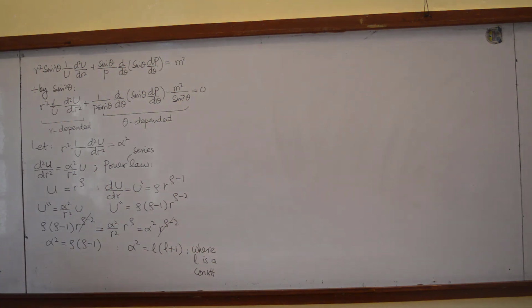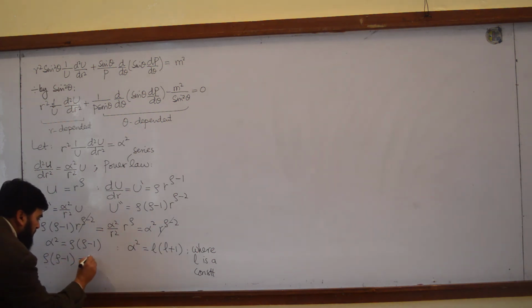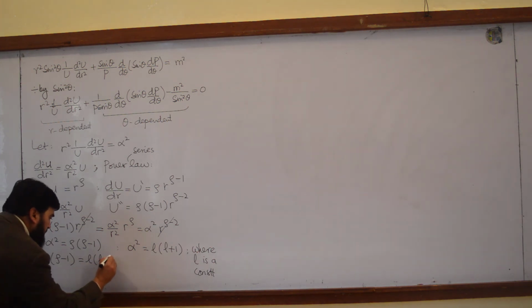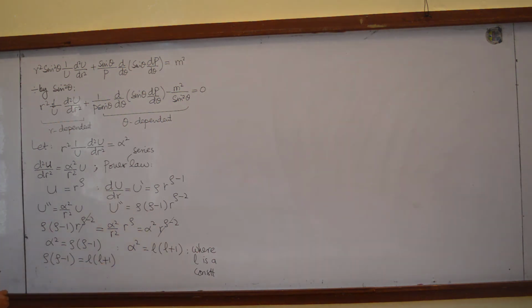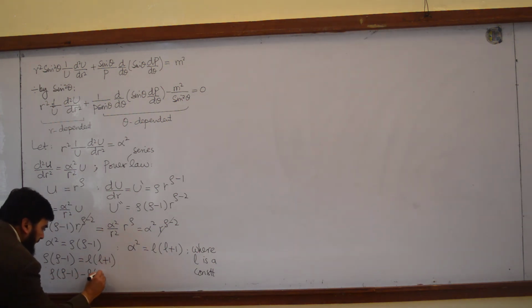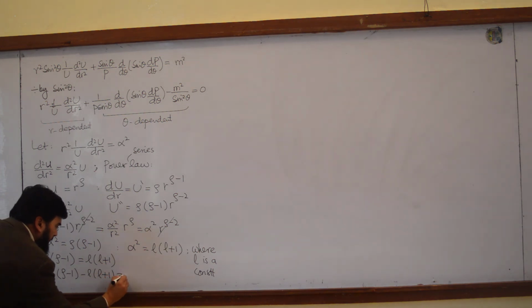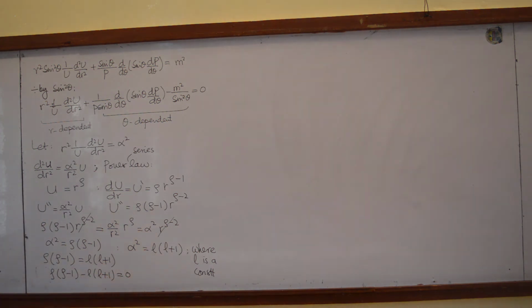Then I can write that rho into rho minus 1 is equal to L into L plus 1, and then rho into rho minus 1 minus L into L plus 1 will be equal to 0.